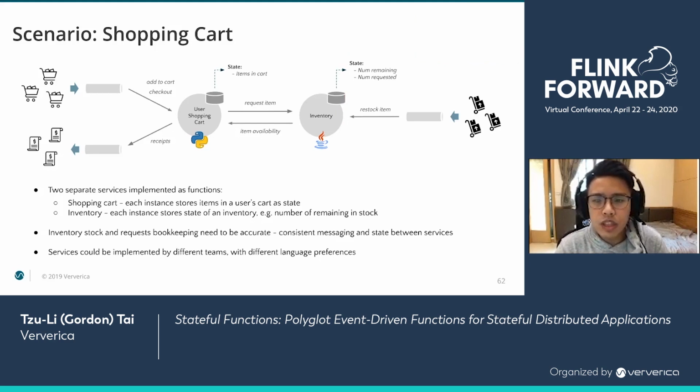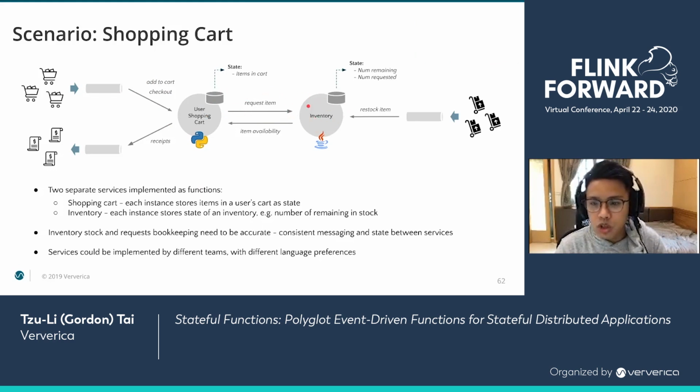So the interaction of these two services is roughly this: when the shopping cart function gets events from an ingress saying add items to cart, it requests reservation for that item with the inventory function.